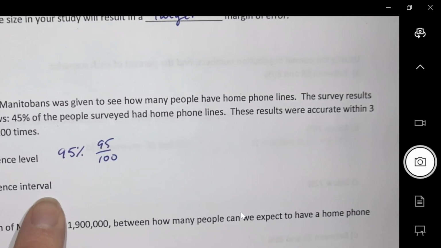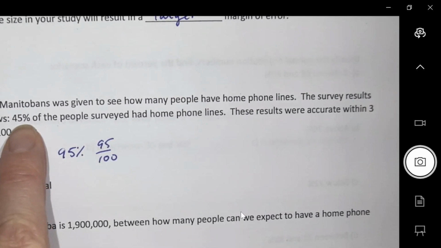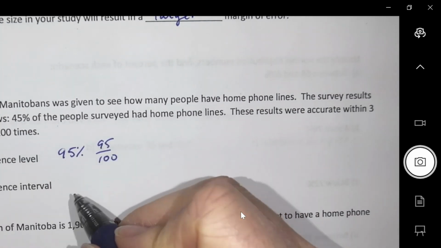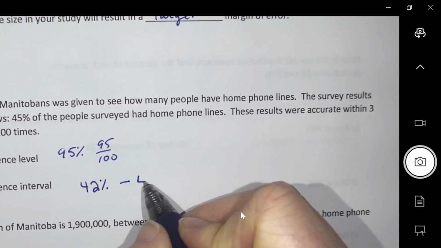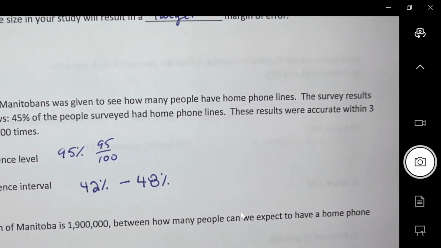So 45 has a little bit of error. What do we go down to and what do we go up to? 42% to 48%. So that's how many people could have phone lines, because we are a little bit unconfident in our answer.